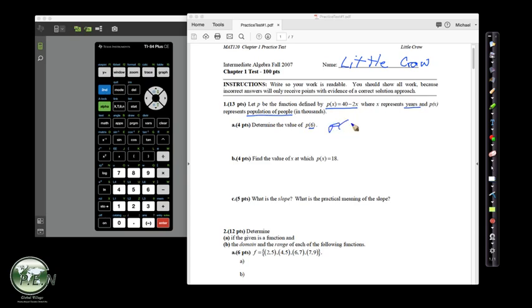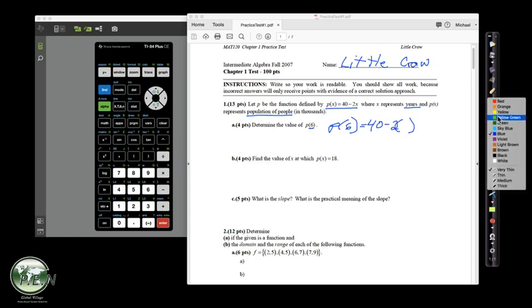So P of 6, whatever's in the parentheses goes in for the x. So then we get 40 minus 2, replace the x with parentheses, and in that parentheses is going to go the input.